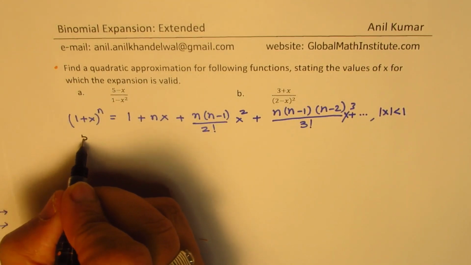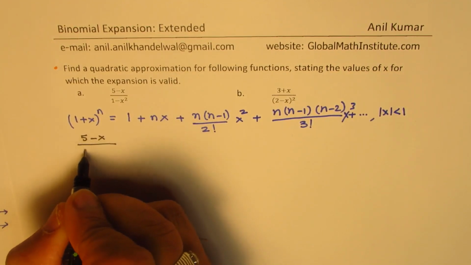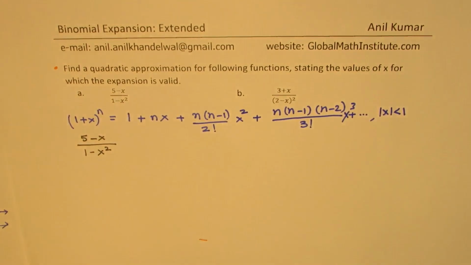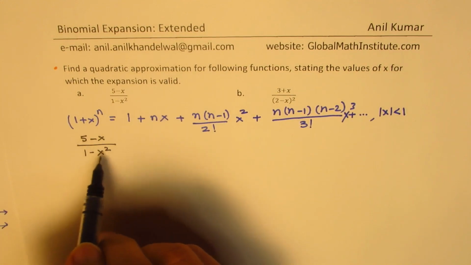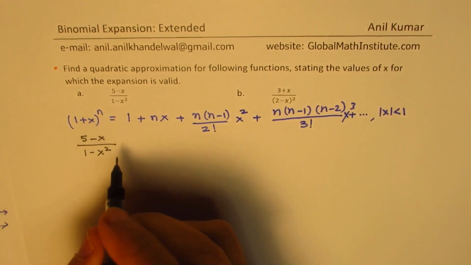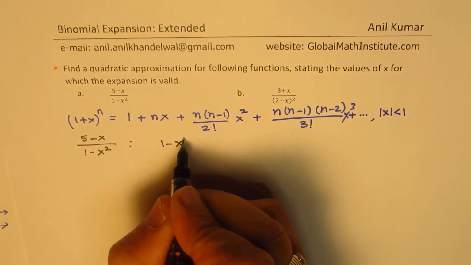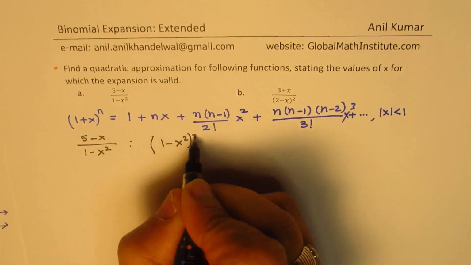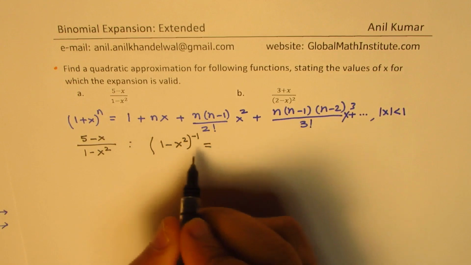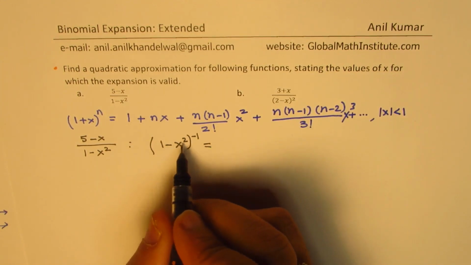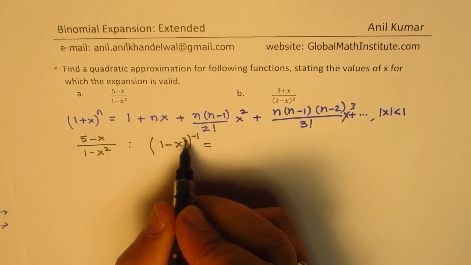So keeping that in mind, let us work on this. We'll work on the first rational expression, which is (5 minus x) over (1 minus x squared). Now, we need to find a quadratic approximation. That means we have to write this as a quadratic function. So to do that, let's work on 1 minus x squared first. So (1 minus x squared) to the power of minus 1. We'll use this expansion to expand this term. Here n is minus 1 and x actually is minus x squared.